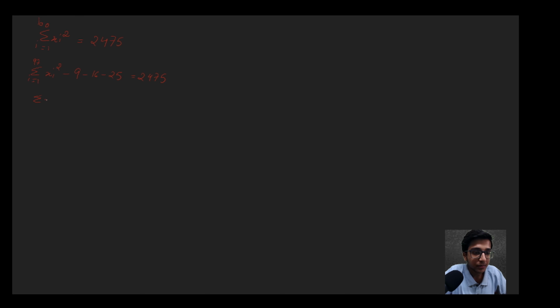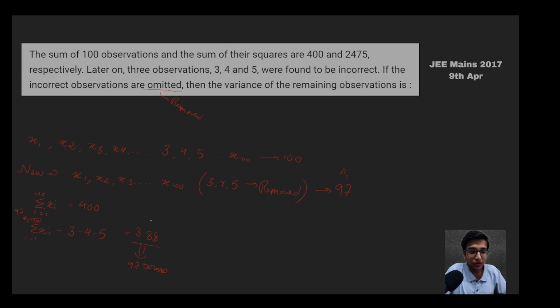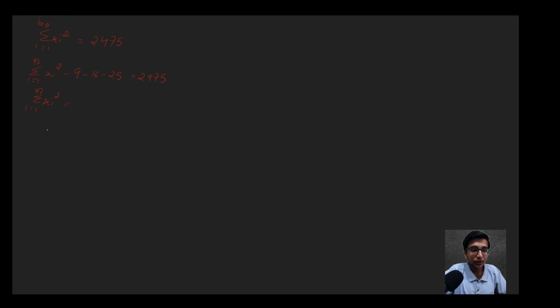So from here summation xi square, i is equal to 1 to 97, we sum all these 3 values and then subtract from this one. So we would get 2425.